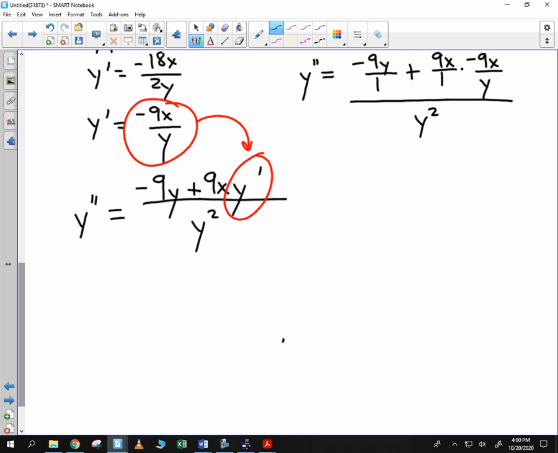I now have a complex fraction. Y double prime is equal to -9y over 1 minus 81x squared over y, all over y squared.